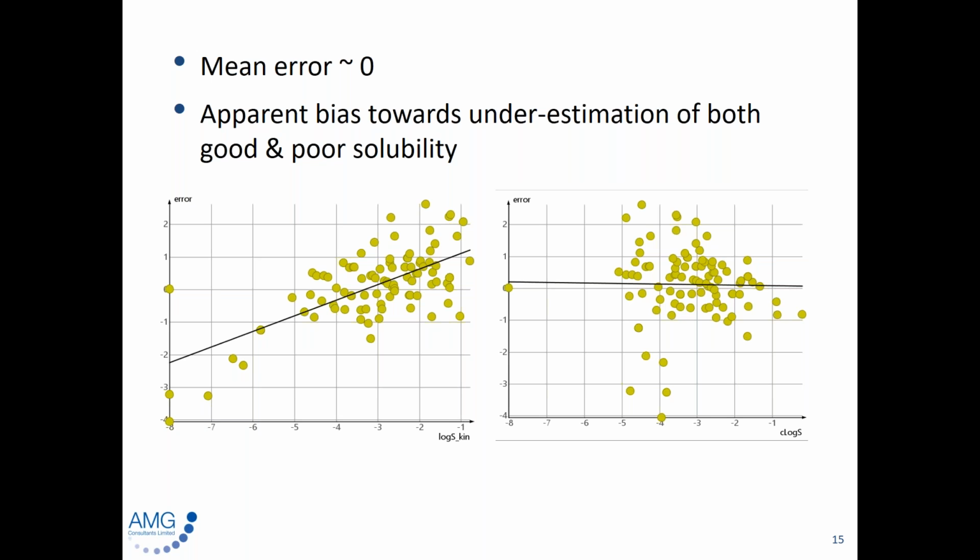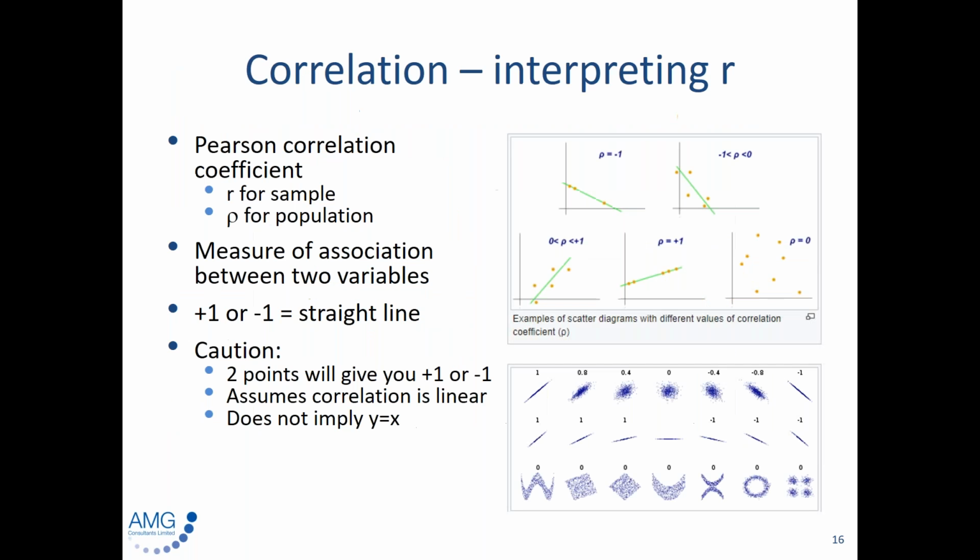The predicted value pretty much has a mean of 0 across the piece. That's for the signed error. Obviously the signed error is going to have a mean of about 0 if there's as much overestimation as there is underestimation. So that's looking at error.